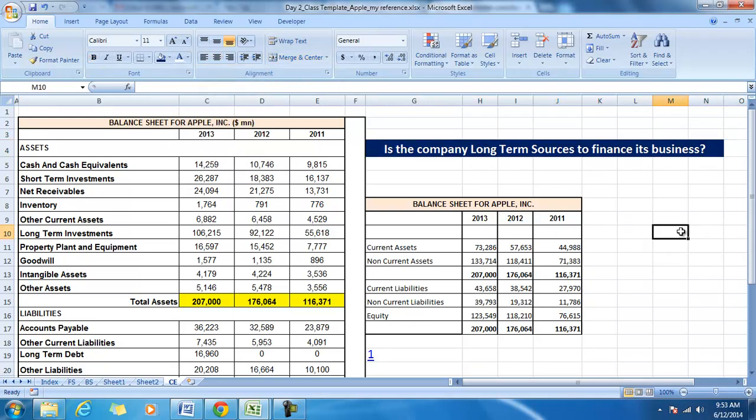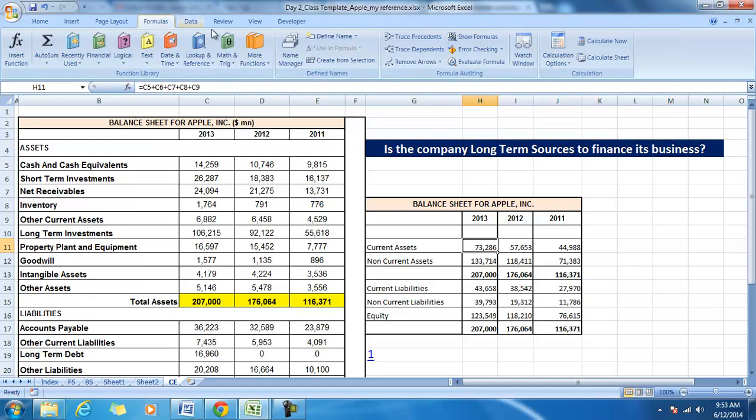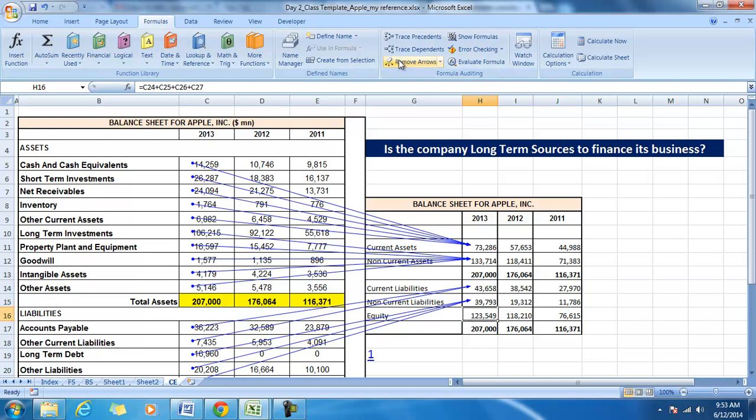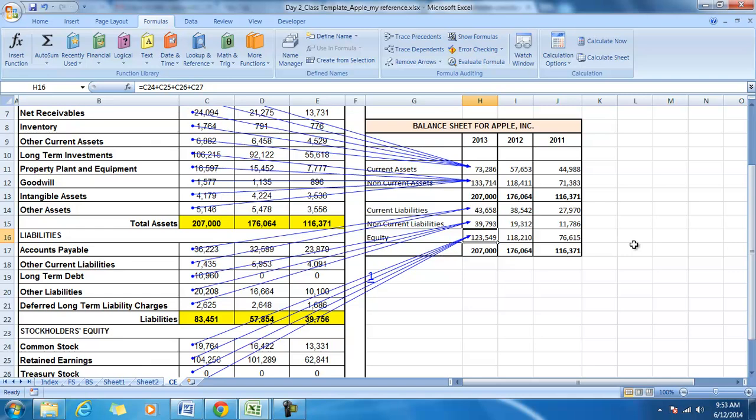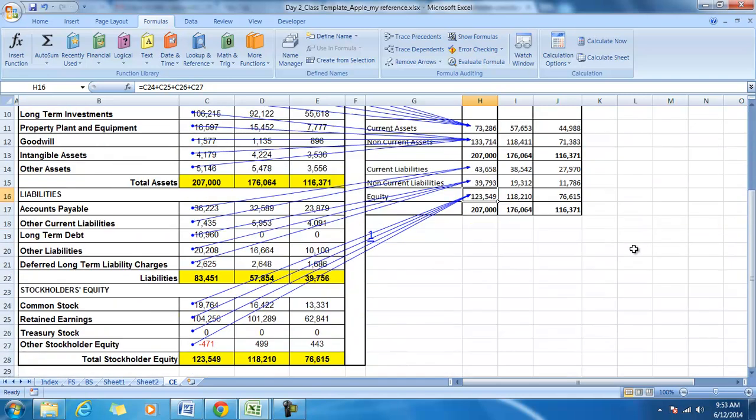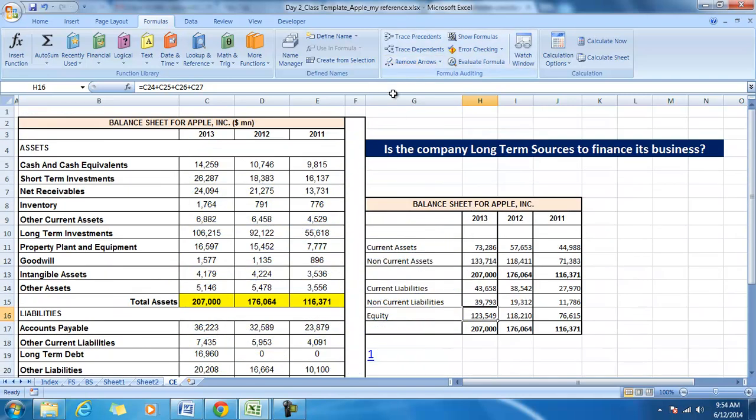If yes, which source? To answer this question, we converted this balance sheet into a condensed balance sheet as we discussed in the previous session. So converting the given balance sheet into the condensed balance sheet will actually give a very broad overall picture about the sources and the corresponding assets.